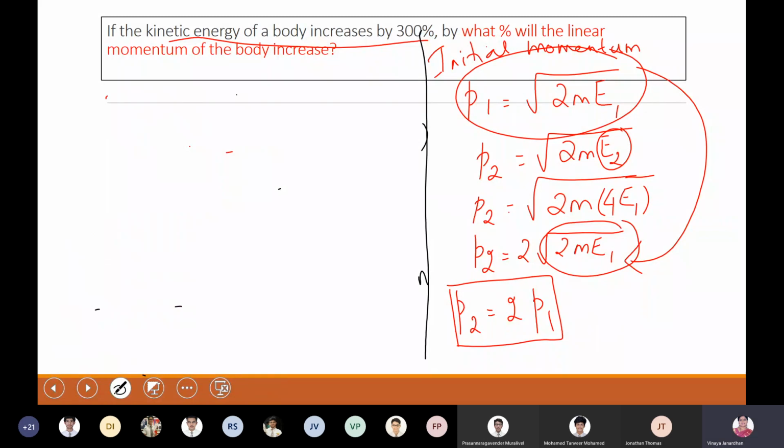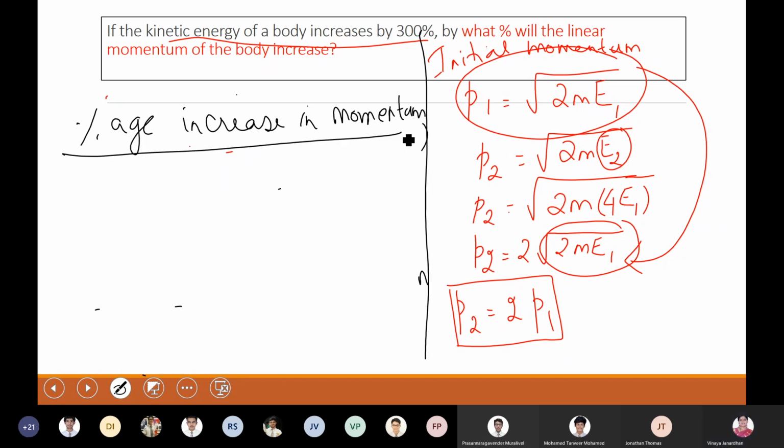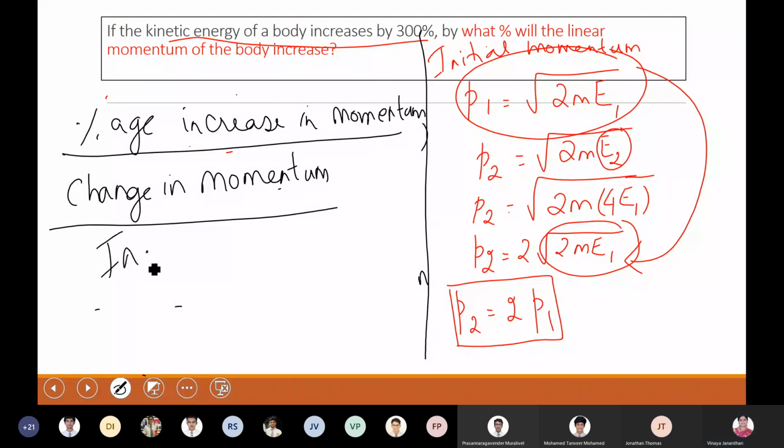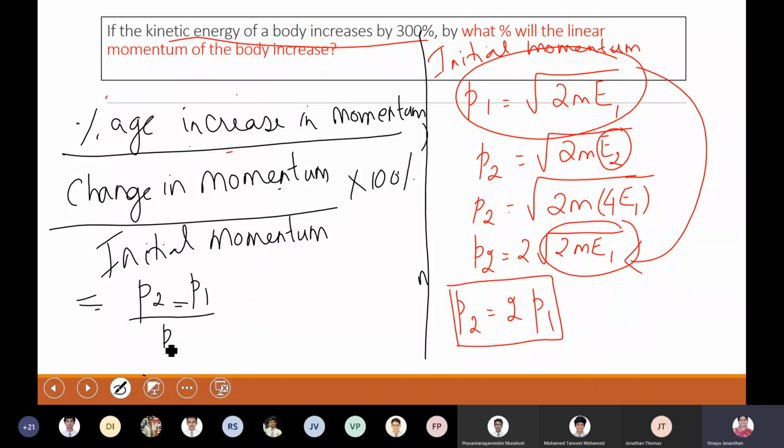The question is percentage increase in momentum, right? Percentage increase in momentum will be change in momentum by initial momentum into 100%. This is an important numerical. So it will be P2 minus P1 divided by P1 into 100%.